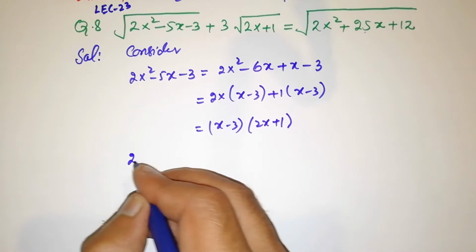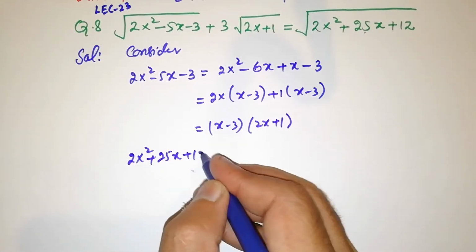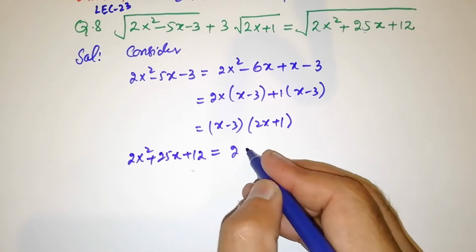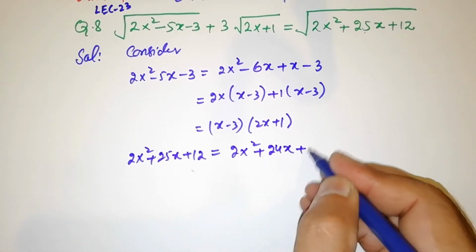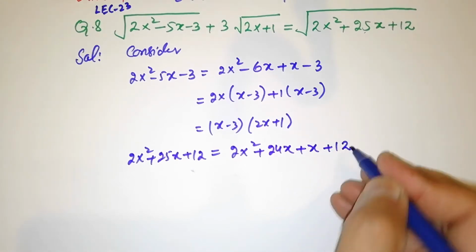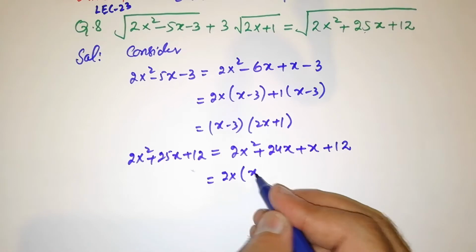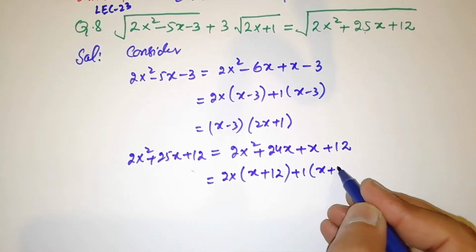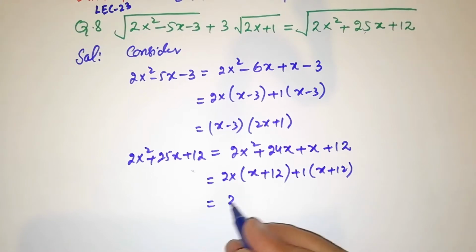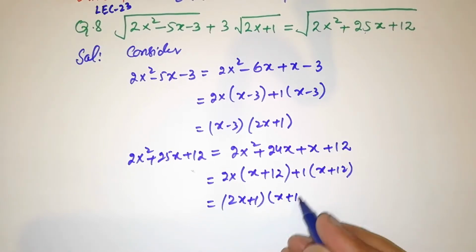So 2x square plus 25x plus 12, that is 2x square plus 24x plus x plus 12. From here you can take 2x common, so we have x plus 12 plus 1, that is x plus 12, and 2x plus 1 and x plus 12.